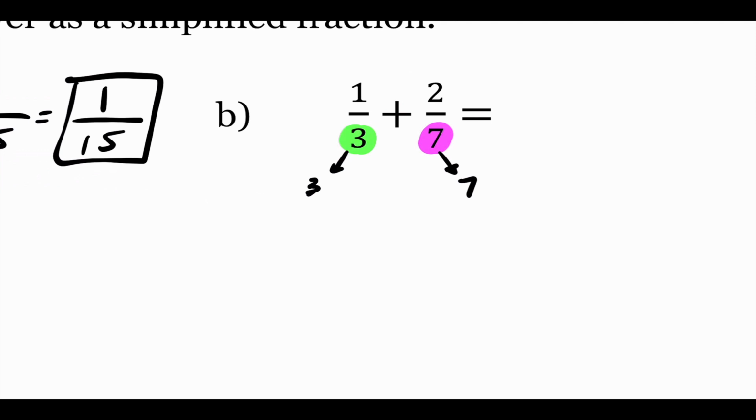Okay? Step 1 done, broke them down. Step 2, what is missing or what is needed? Well, the first one just has a 3. That's missing a 7. So I need to include a times 7. Same thing up here. And then the second one, to make them equal, is missing a times 3. So now the common denominator is 21, 3 times 7.